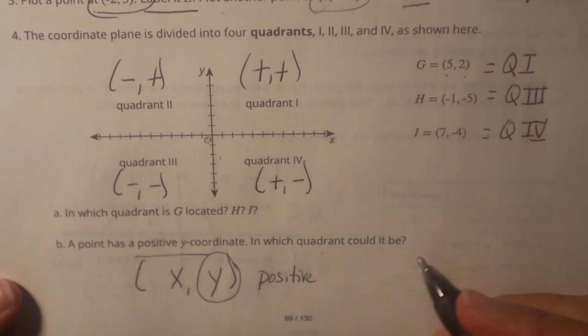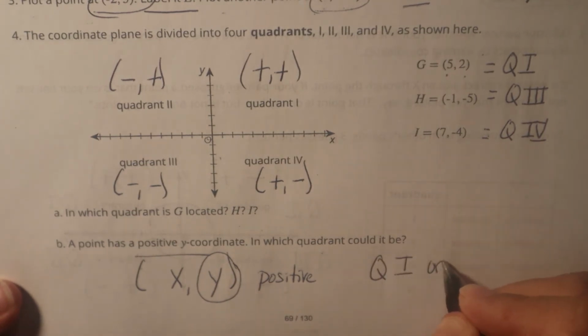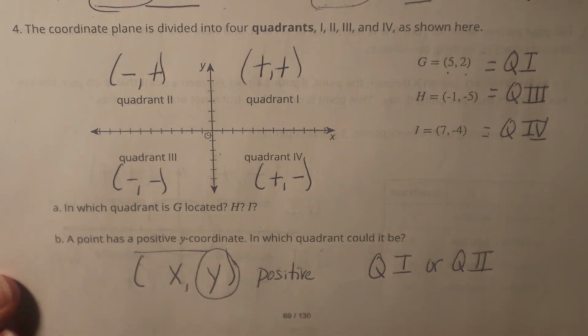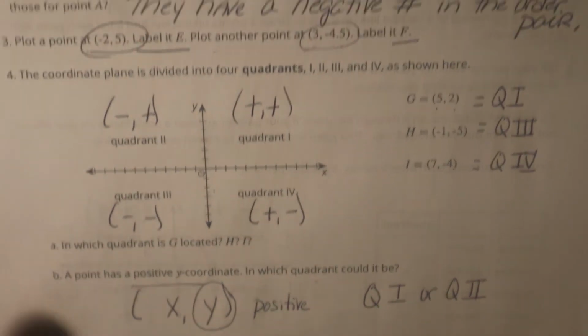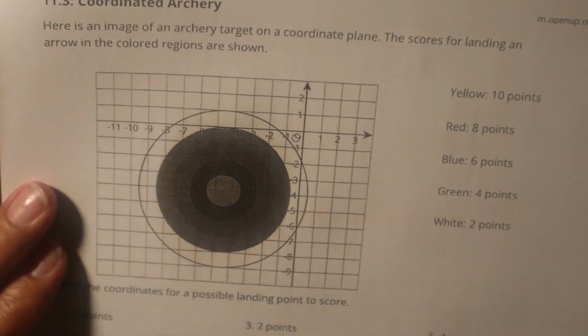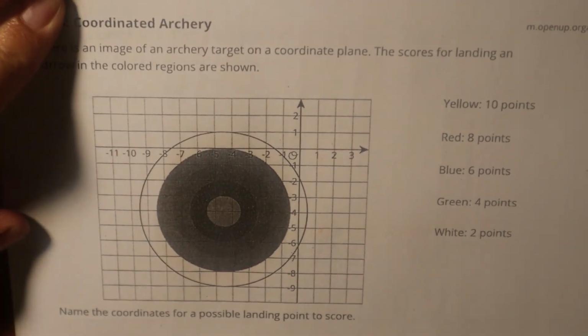So actually, it could be found in either quadrant 1 or quadrant 2, because the y coordinate is a positive number.